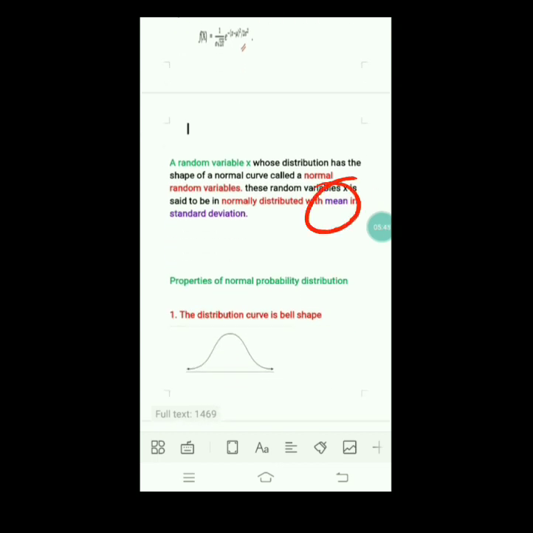The standard deviation and mean play a big role when it comes to how tall the peak is and how wide the curve of our normal distribution is. So they play a big role when it comes to that curve, okay? I will explain that later.